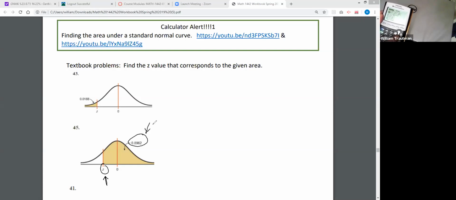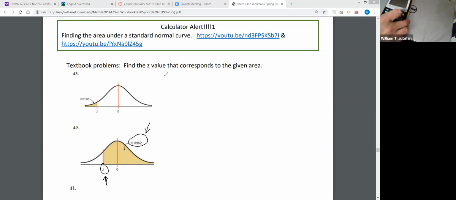I'm going to type in 0.8962. Hit enter, enter, enter. Do you see how I get a positive answer? I get 1.26. I know that answer is wrong because I should have a negative.